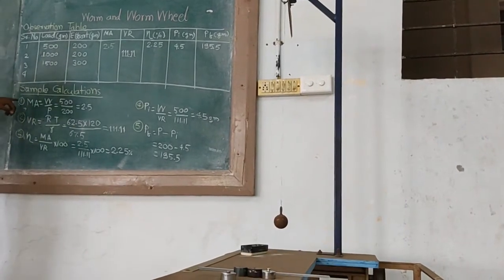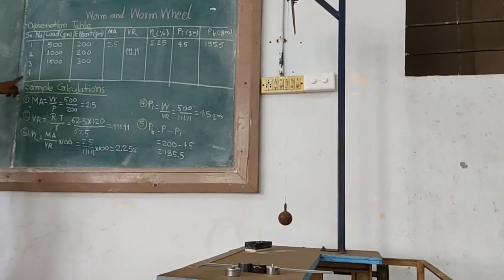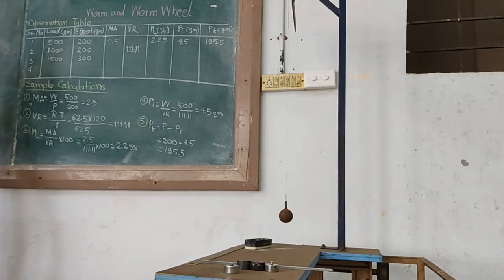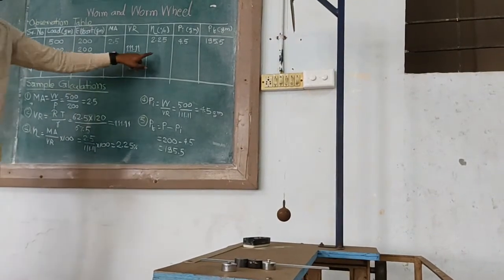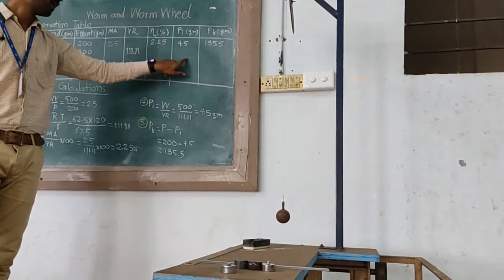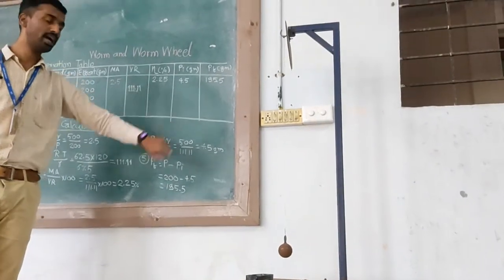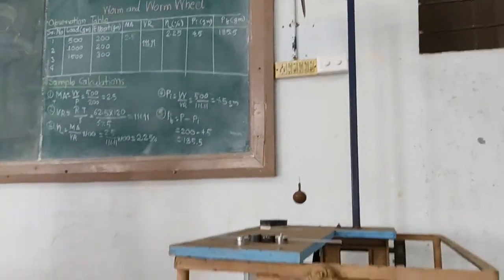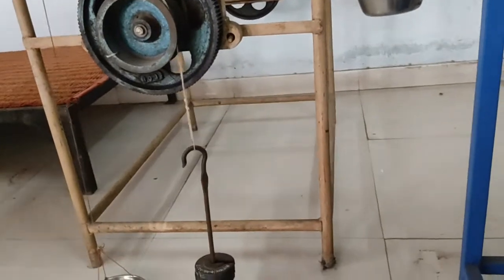We have to calculate all remaining values, that is the MA, efficiency, PI and PF. I am moving forward for reading number 4.